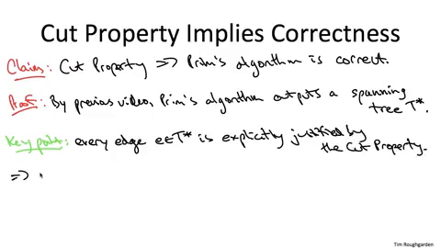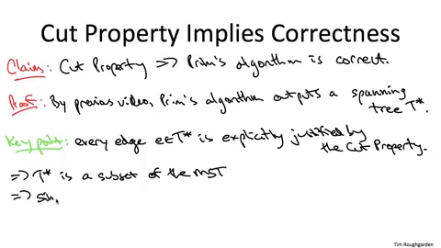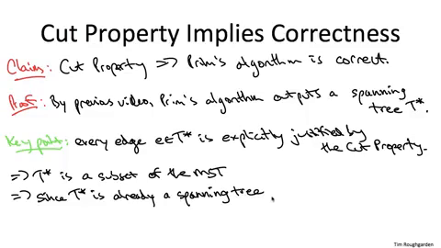So remember, the conclusion of the cut property says edges so justified must belong to the MST. So if everything in T star is justified by the cut property, then everything in T star is in the MST. So T star is a subset of the MST. But T star, as we've argued, is already a spanning tree in and of itself. And if you add more edges to T star, it's no longer going to be a spanning tree because you're going to pick up cycles, right? If you have something that's connected, there's a path between each pair of vertices, and you add a new edge, you're going to close a path, you're going to get a loop.